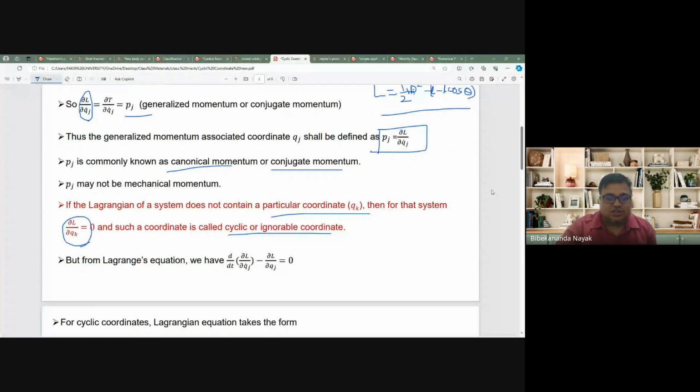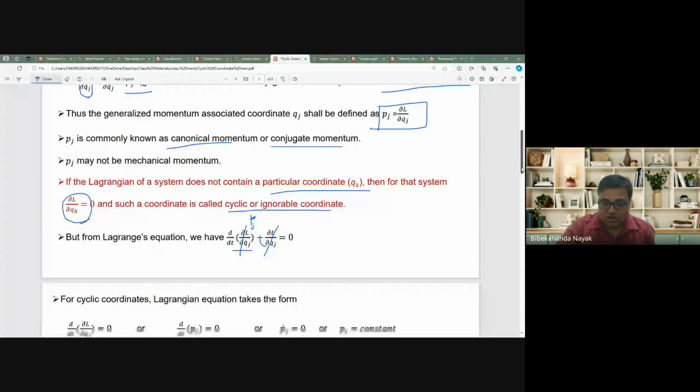So if it does not appear in the Lagrangian, del L by del Qj is 0, you put it in this Lagrange equation. If Qj does not appear, this term becomes 0. That means del L by del Qj dot is how much? Pj. So d Pj by d t is equal to 0. That means Pj is a what? If the derivative of Pj is 0, Pj is constant.